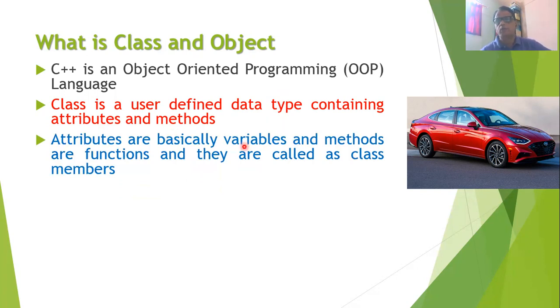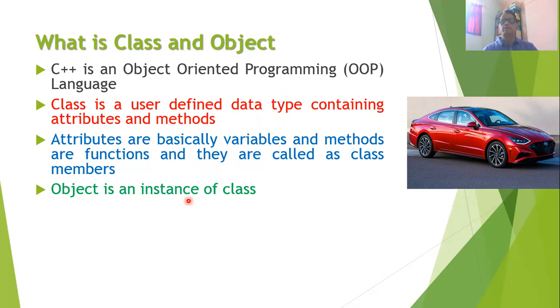Attributes can also be called variables, and methods can be called functions. So every class is a collection of variables and related functions, and all these are called the members of the class.